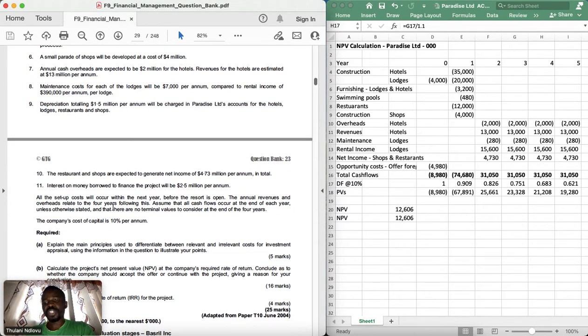And also in note number 11, we have got the interest on money borrowed to finance the project. This is an irrelevant cash flow as the percentage of the interest is factored into the discount factor. So the absolute interest payments are irrelevant as the interest percentage is factored in when computing the cost of capital to appraise the project.